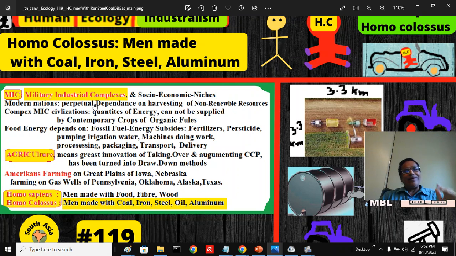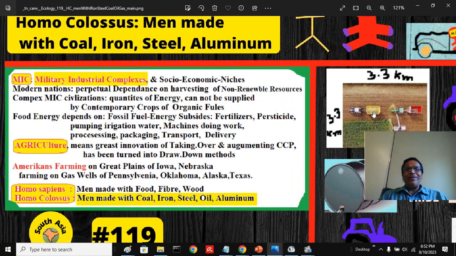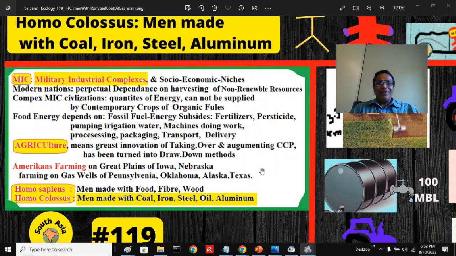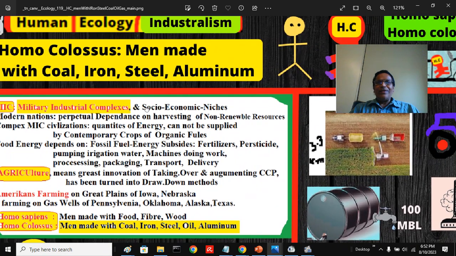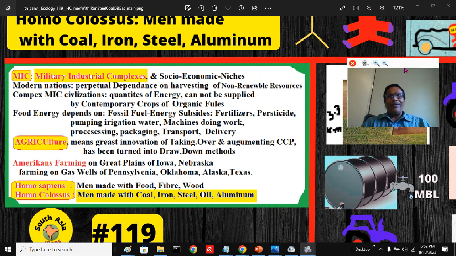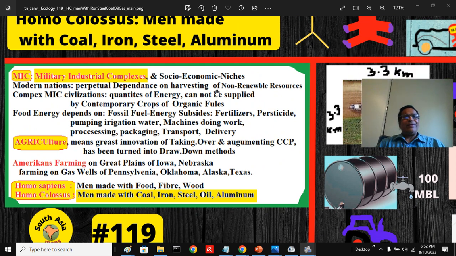Modern nations are perpetually dependent on harvesting non-renewable resources. These are the non-renewable resources, that is coal, oil, natural gas. Modern nations, military industrial societies depend upon them now. And this complex civilization's quantities of energy cannot be supplied otherwise. Suppose oil depletion, coal depletion occurs today, can we get other alternatives?